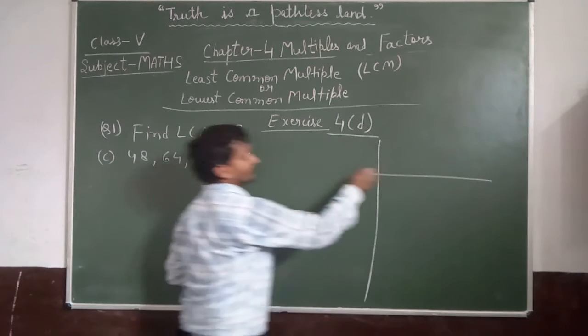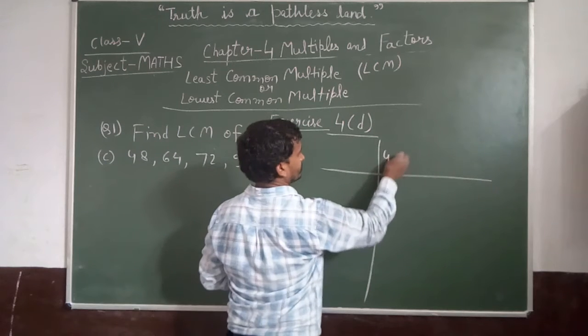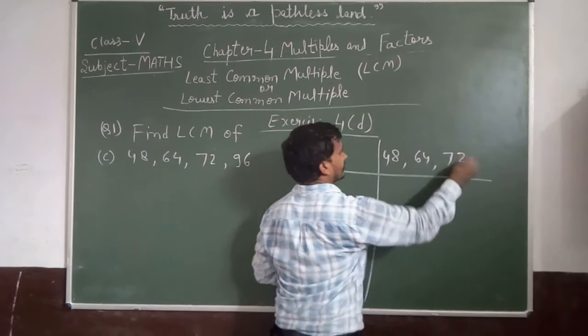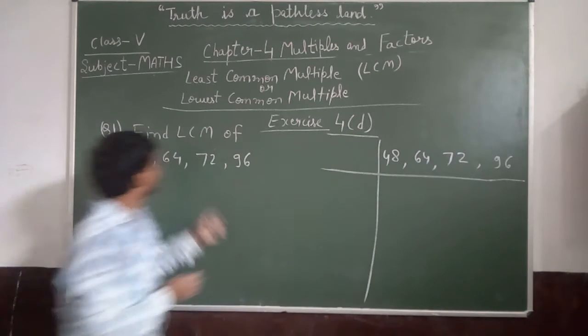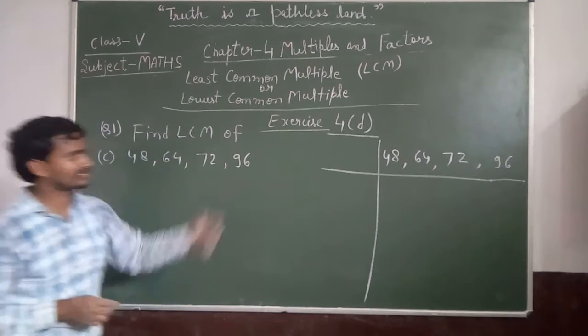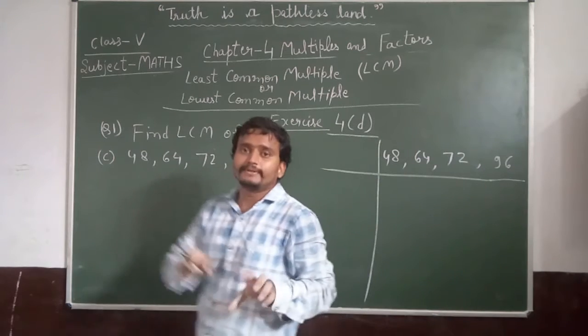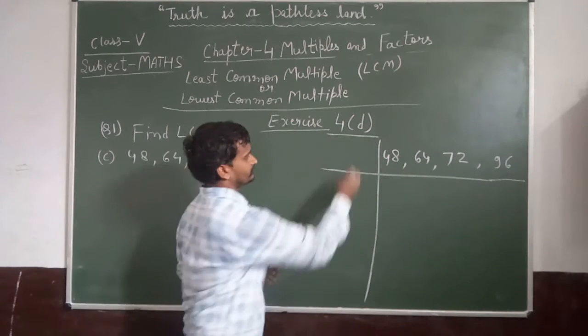First of all, write down these numbers in this way: 48, 64, 72, 96. Now start from the lowest factor. Start from 2.